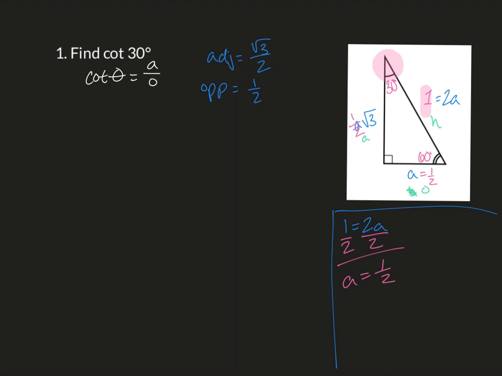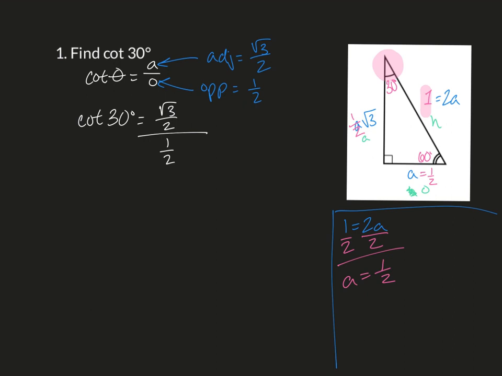So I am simply going to plug those into the ratio and then simplify. Cotangent of 30 degrees is going to be root 3 over 2 over 1/2. Hopefully you remember how to solve a complex fraction like this. You flip the denominator and turn it into multiplying.